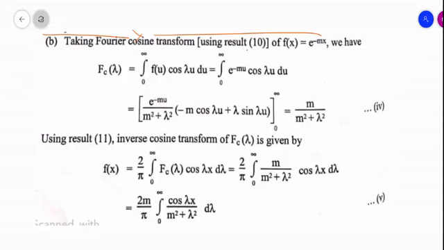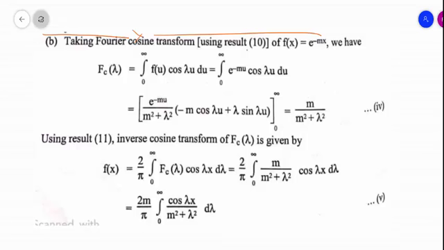So from this we get the inspiration that we have to express f of x by using the Fourier cosine transform and inverse Fourier cosine transform. Because cos lambda x is there, we will start applying the Fourier cosine transform on the function f of x.